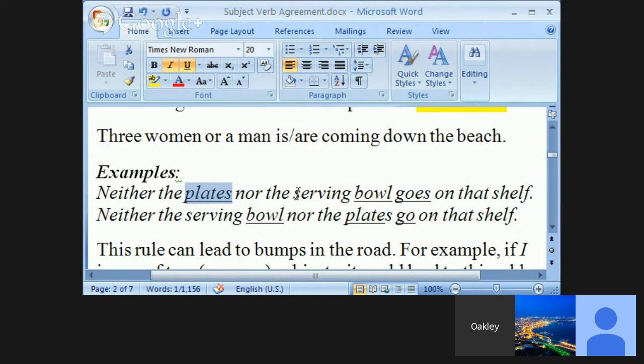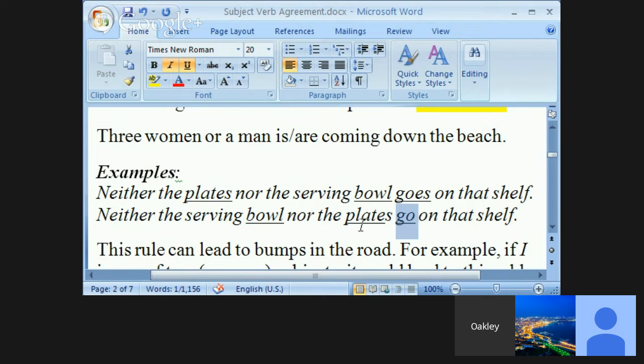Nor the serving bowl. Serving bowl here is singular. So we use goes with the singular. It goes on that shelf. However, if we reverse the order, neither the serving bowl, which we know to be singular, nor the plates, plural. Now we have to use go. They go on that shelf. Ta-da! It's simple as that.